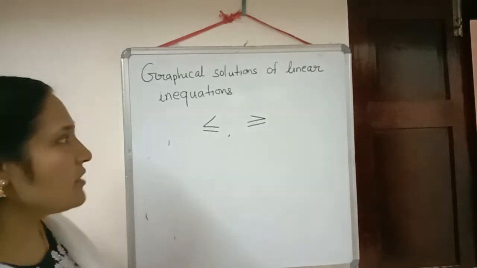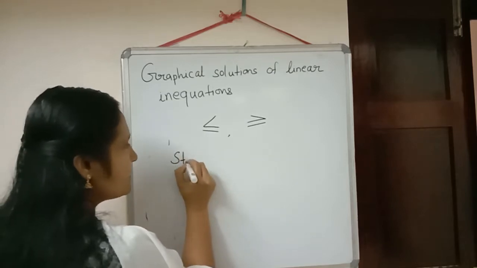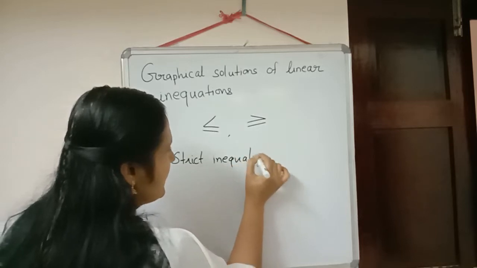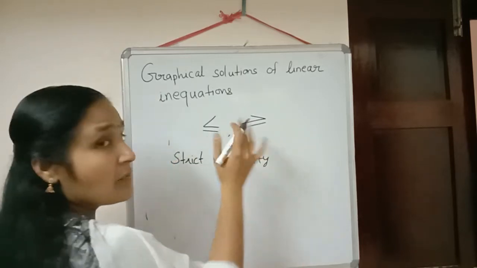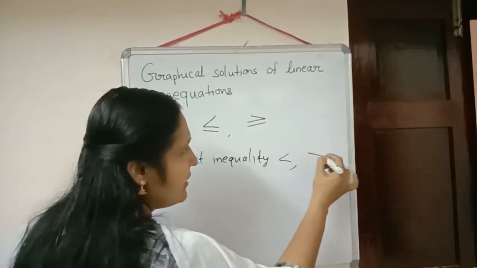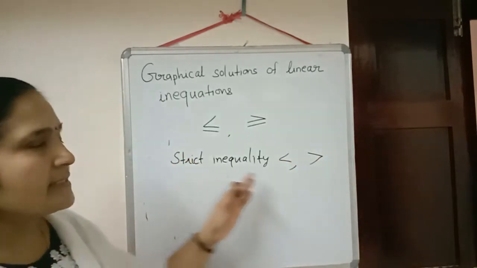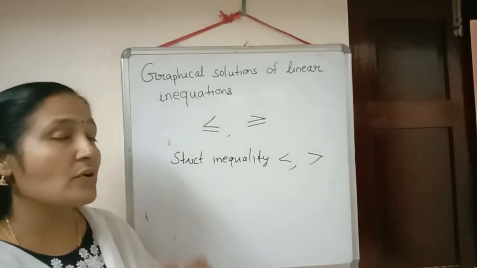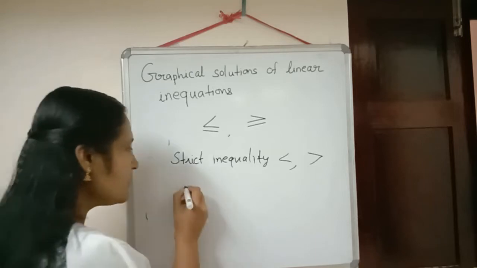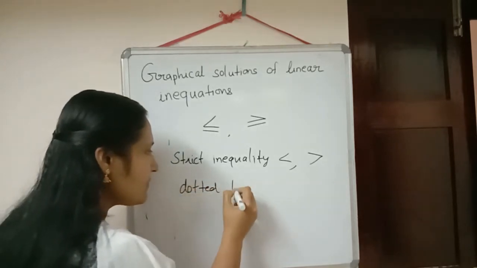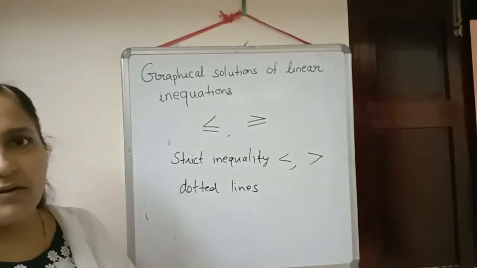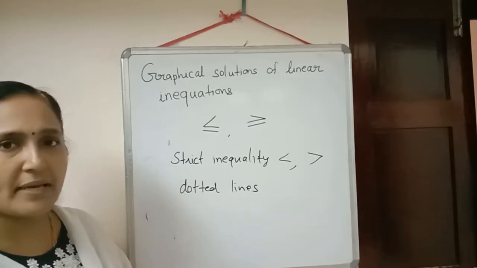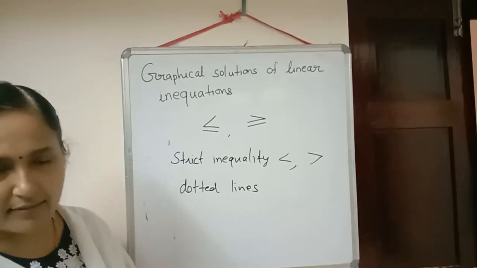In case of strict inequality, which means the equal to sign will not be there, only less than or greater than, we'll use dotted lines to represent the graph of the equation.